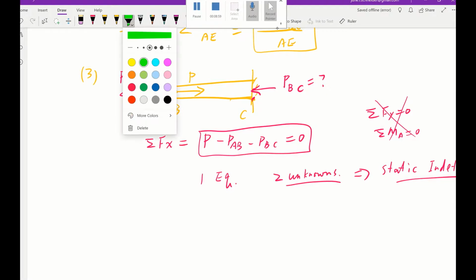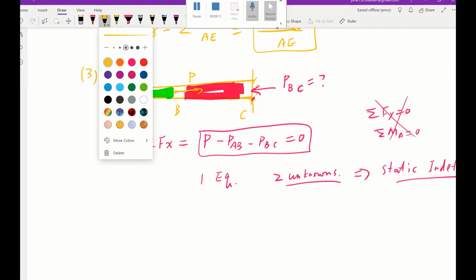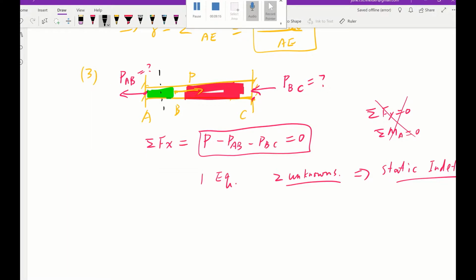We have the AB section and we also have the BC section. If I were to cut anywhere between my AB section, and I'm going to create my FBD, I'm using the left side.